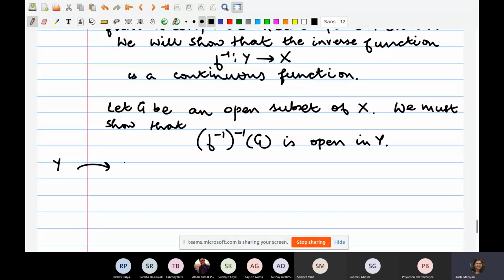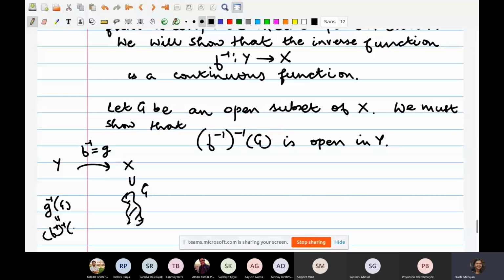I have a function from Y to X. Call it g if you feel that is more comfortable. You look at G, which is open in X, and you pull it back via f inverse, and you get a set, the pullback of G under f inverse. This is a subset of Y. You are required to show that this is open in Y. Is everybody with me on this?